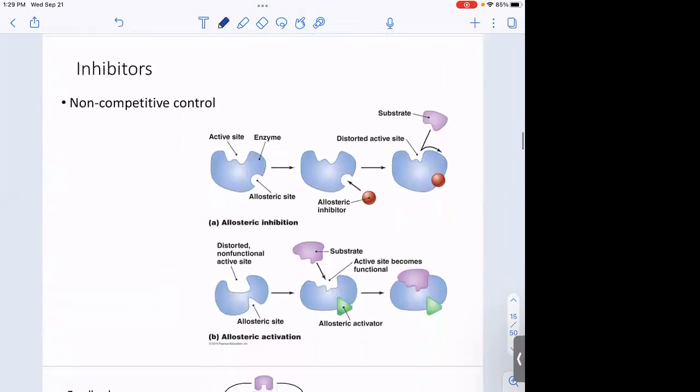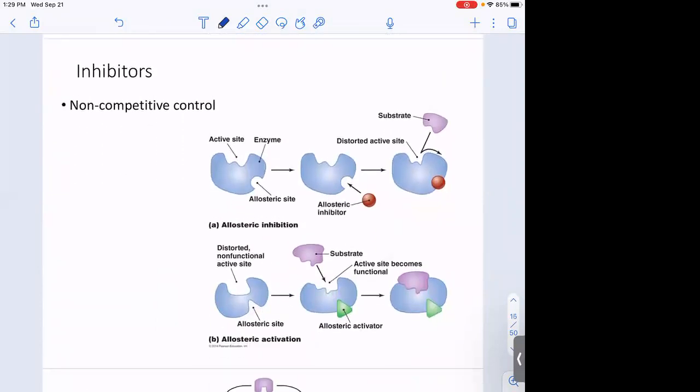Also want to recognize that sometimes it's better to talk about it in terms of non-competitive control and not just inhibition.